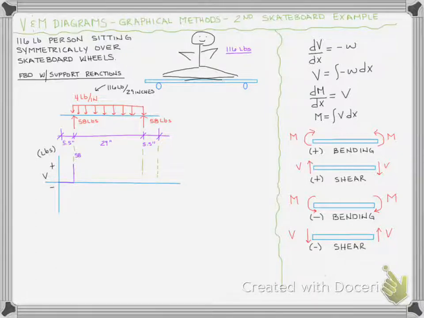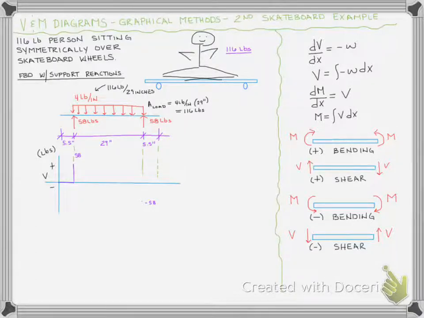The area of our load is simply equal to the 4 pounds per inch times 29 inches, which not surprisingly gives us back our 116 pounds. So we're going to drop by 116 pounds, and we'll end up somewhere about right here at -58. And we need to connect the two points, the two 58s.